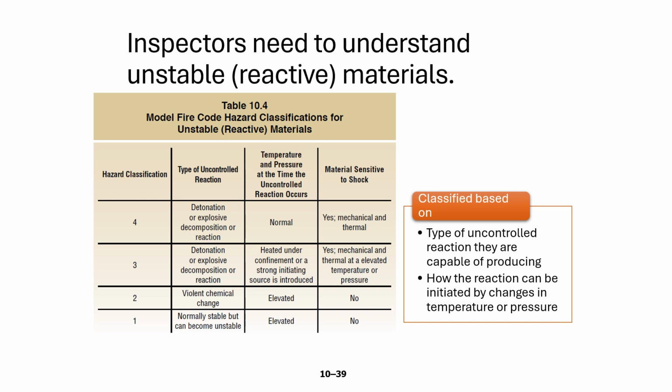So we're looking at quantifying how volatile it can be. One is not volatile at all, all the way up to 4, where the uncontrolled reaction is an explosion or detonation, and it is sensitive to mechanical and thermal shock. Spend some time to get yourself familiar with that.